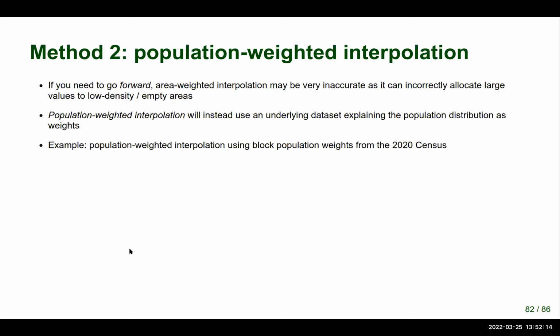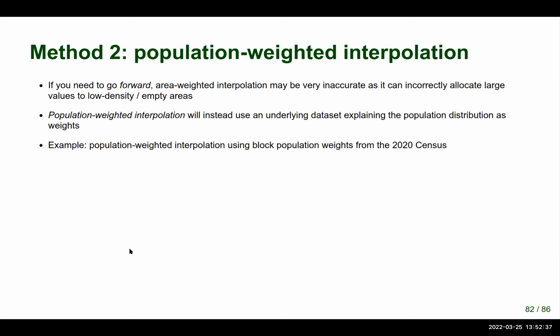So you have more people in the smaller areas, and that just makes sense. I have my densely populated area, which has a lot of people, and my low density area, which has fewer people. But area-weighted interpolation allocates more people to the larger area when it should be allocating to the smaller area. So this is tricky, especially when you're going forward.